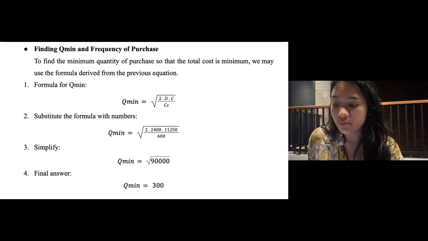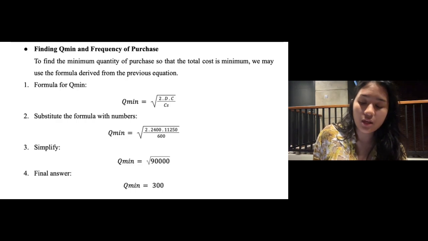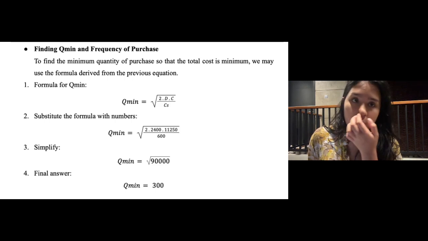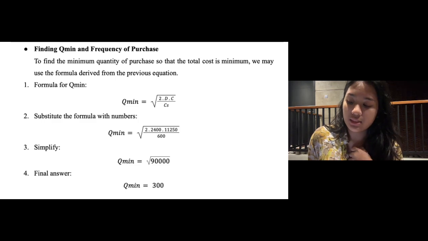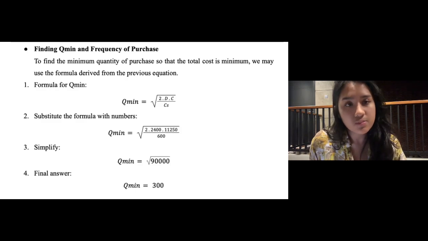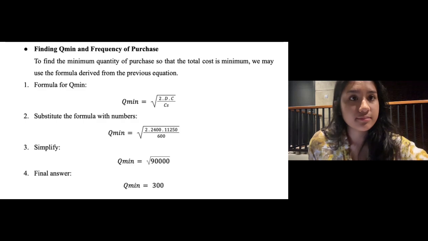So you input the numbers: square root of 2 times 2,400 times 11,250 over 600, which equals the square root of 90,000, which is the same as 300. So the amount needed per order to minimize the total cost is 300 pairs of socks.